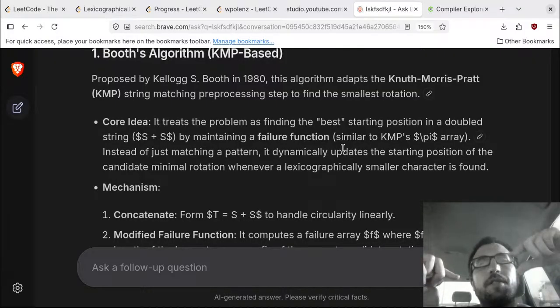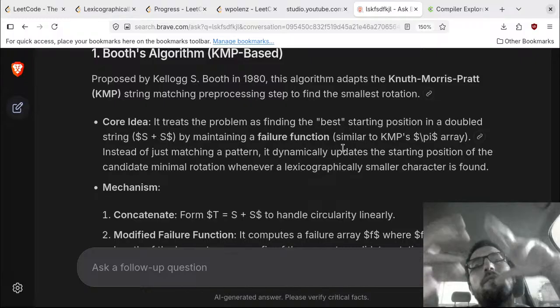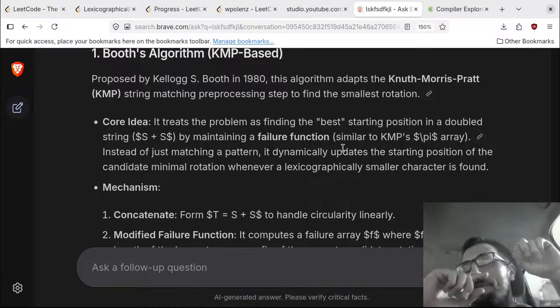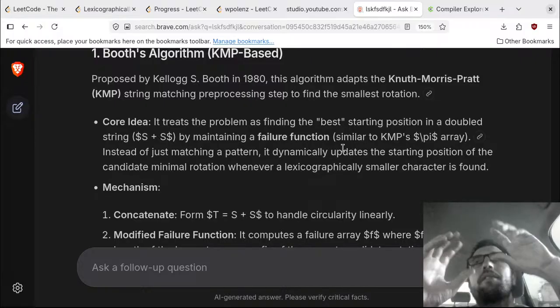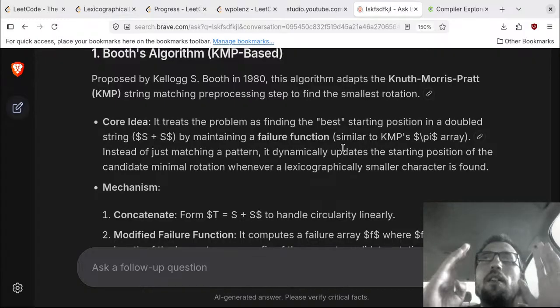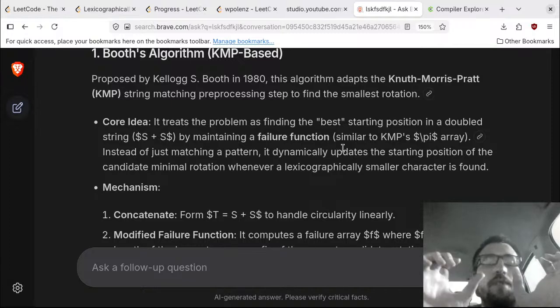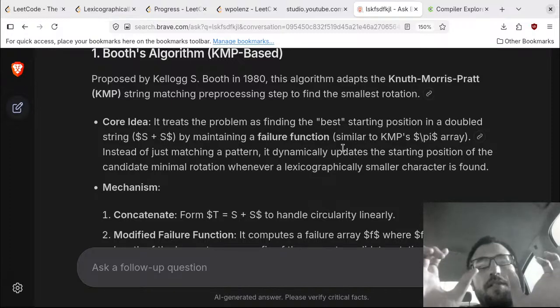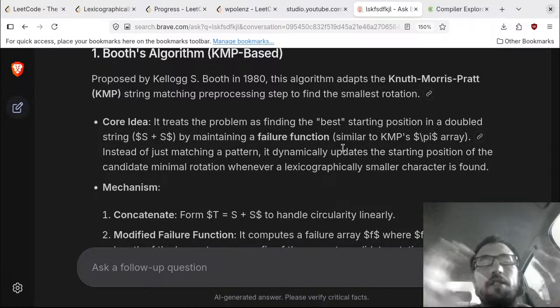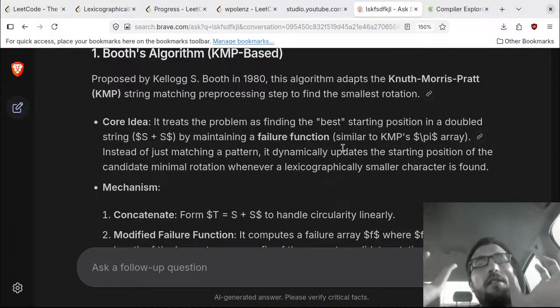So there's a smaller string A that you're searching for in B, the larger string. You pre-process A. What you do is you figure out which sections of A, when considered, have a prefix that matches a suffix. And then those sections themselves can be reduced further to potentially another prefix and another suffix.